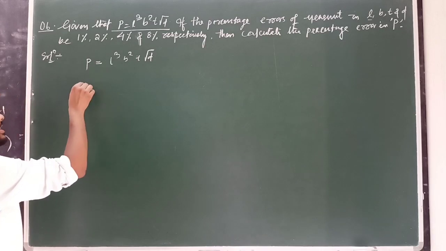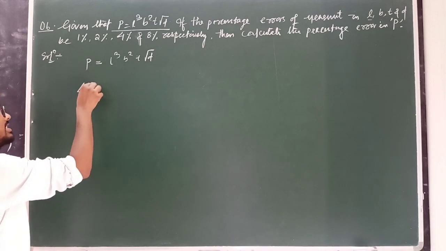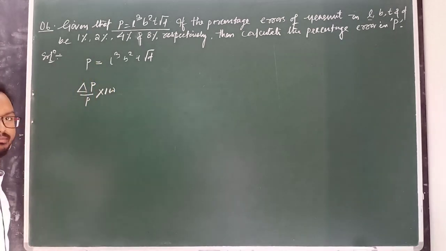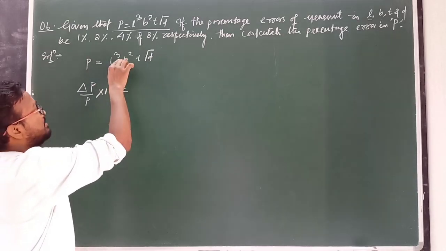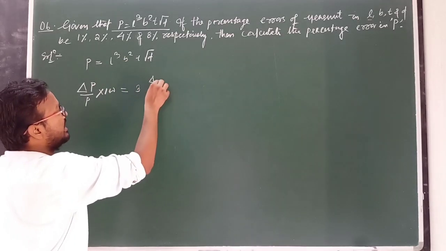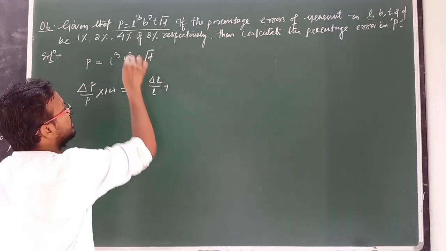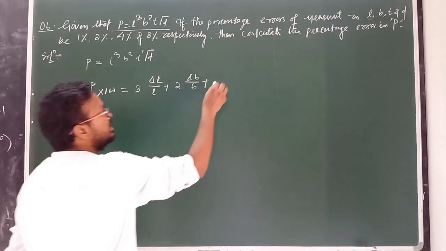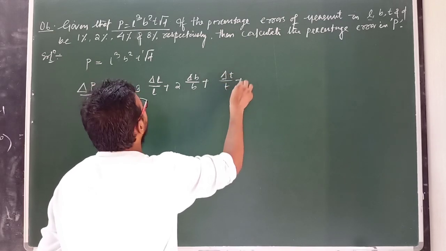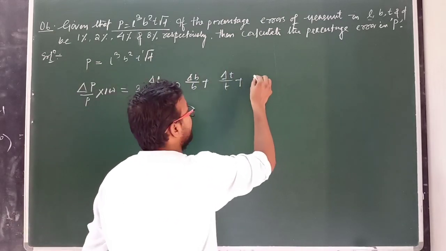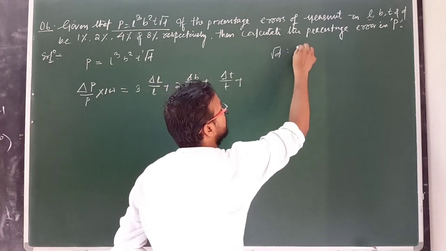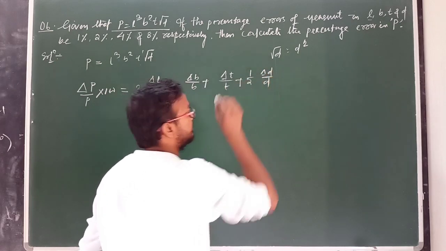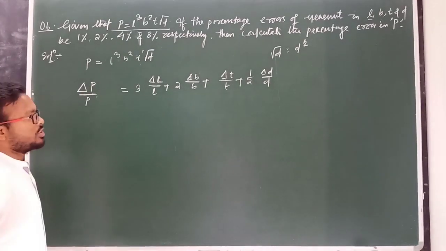So I am writing the absolute error of P, that is delta P by P into 100, which means percentage error in P. And this can be written in power format: first 3 into delta L by L, plus B square means 2 into delta B by B, plus T to the power 1, so delta T by T, plus under root of D, that is D to the power half. Clear?